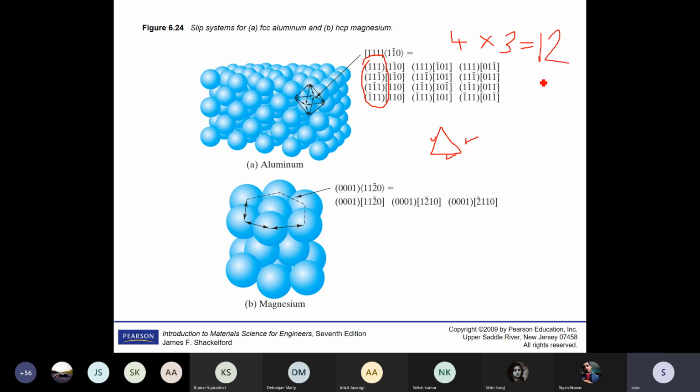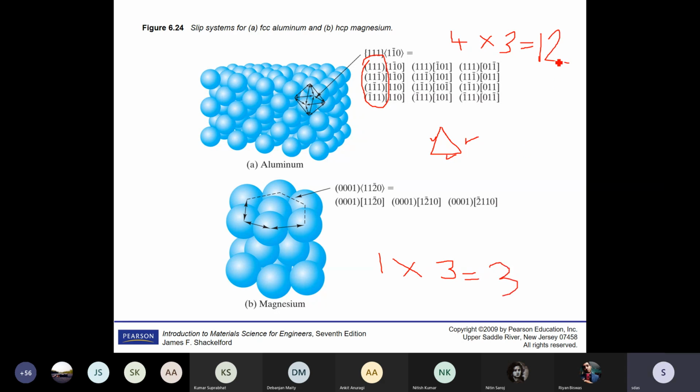Now if I look at the hexagonal close-packed, this is the basal plane. How many slip planes are there? 0001 type, 1. And how many slip directions, 11bar20 type? 3. So the number of slip systems in hexagonal close-packed is 3.